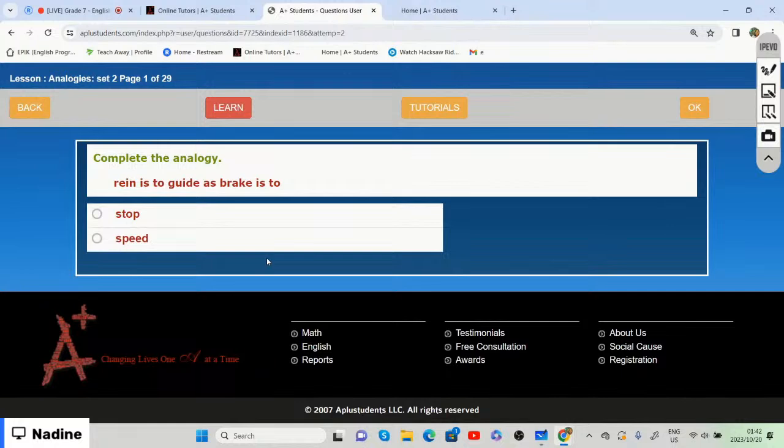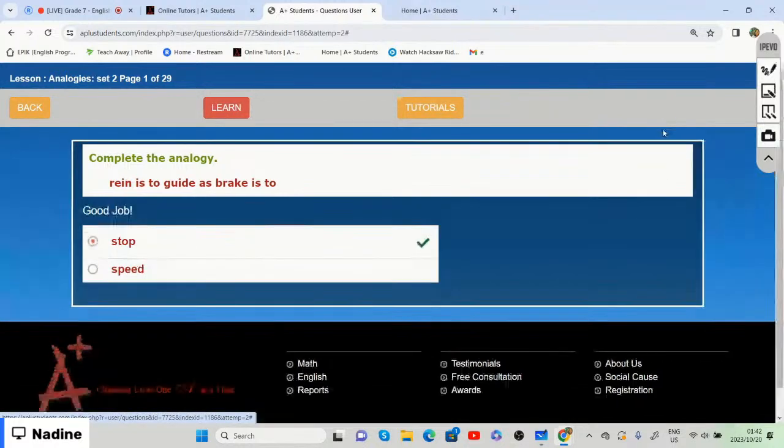What are the brakes used for? To stop or to speed? Yeah, so brakes are basically used to stop. So well done.